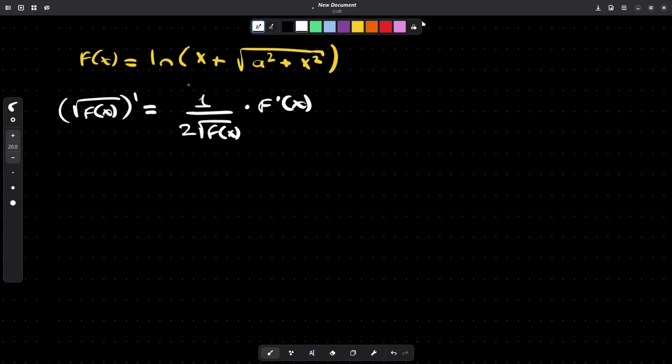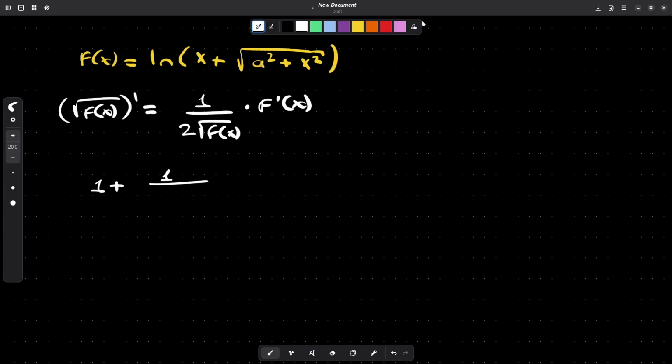All right, for the derivative of ln, we will differentiate inside of it, then we will divide by the inside of it. The derivative of the inside is 1 plus, now I will use this formula for root of a squared plus x squared. Again, you can use the power rule, doesn't matter. I will use this method.